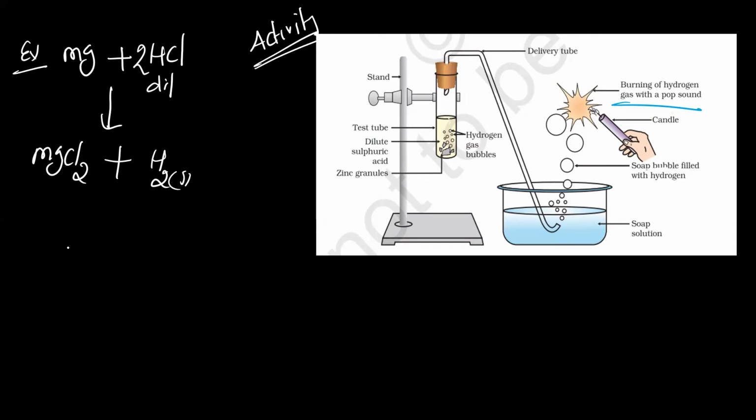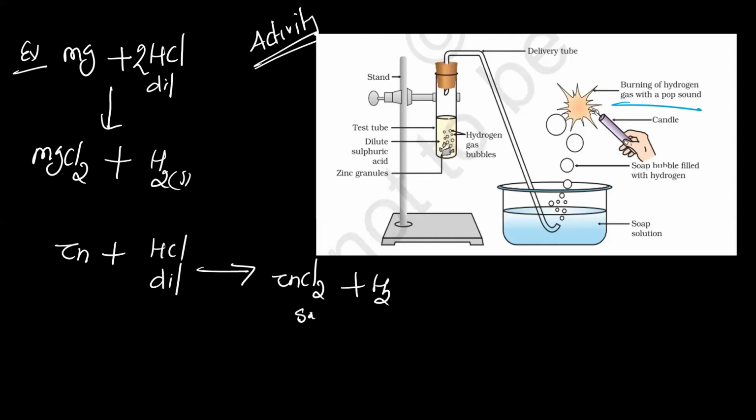For example, I am writing here zinc plus dilute hydrochloric acid, HCl, will give us zinc chloride as a salt plus hydrogen gas. See, one simple way to write the salt formula is, whatever acid we are taking, it has hydrogen. The hydrogen will be evolved in the form of H2 gas.